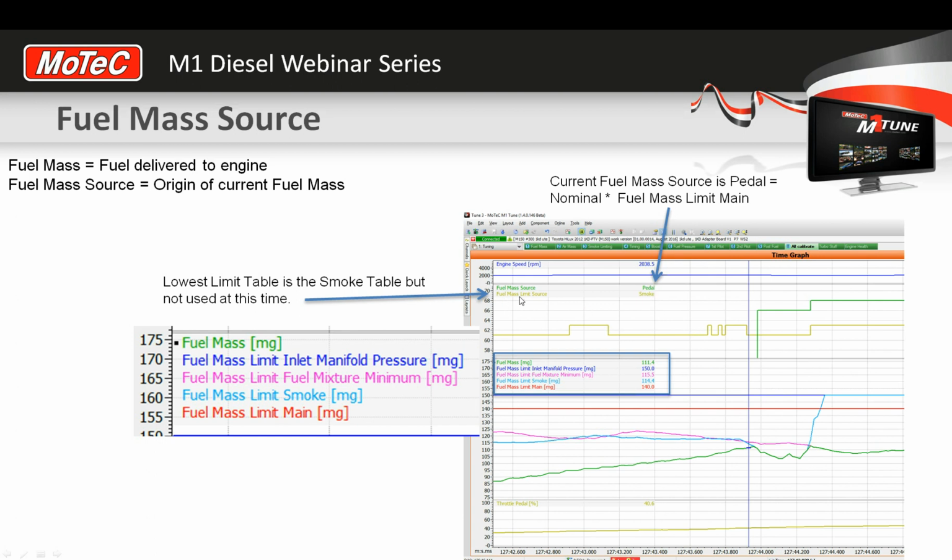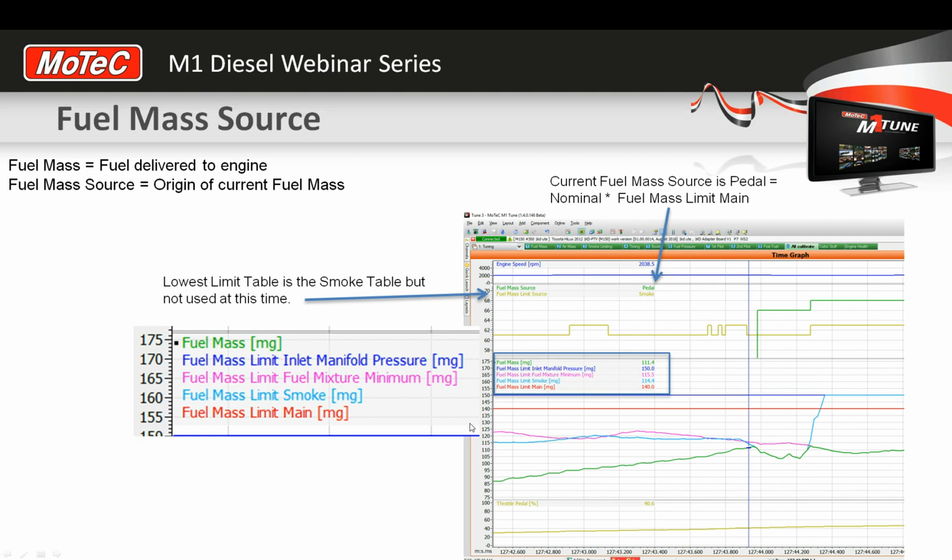And our fuel mass limit source, it's not being used, but currently the lowest number in all of those limit tables is the smoke. So if we move away from the pedal being the lowest number, and one of the limit tables becomes the winner, the lowest or the safest number, then currently that is the smoke table. So two source channels to look at.